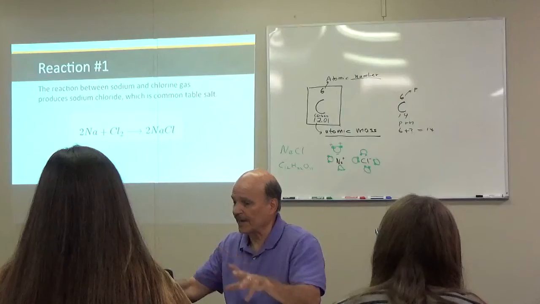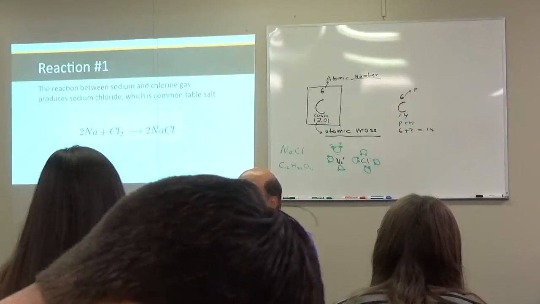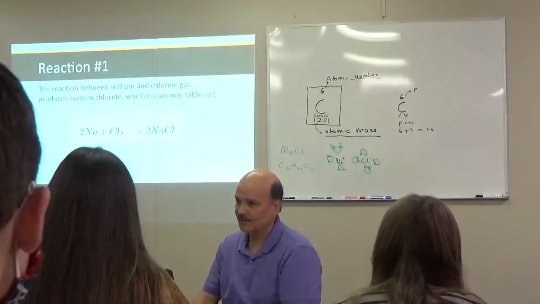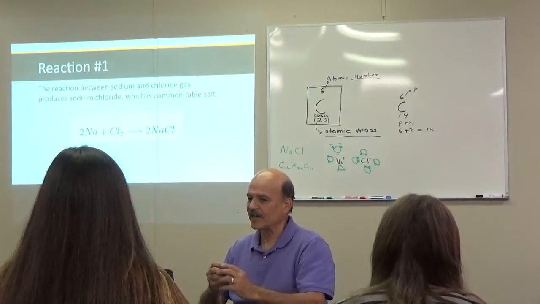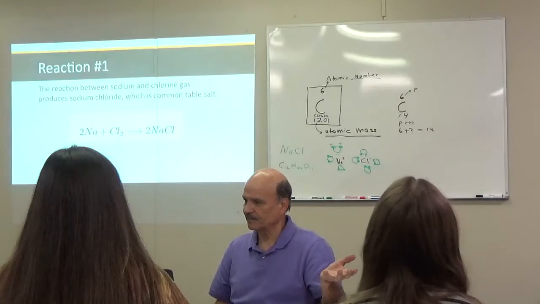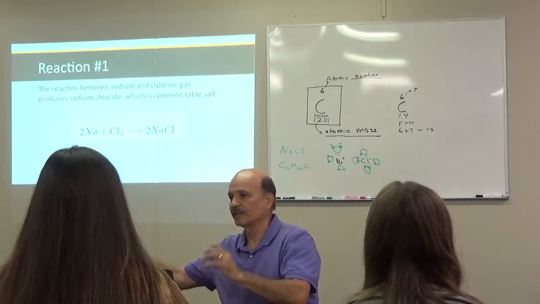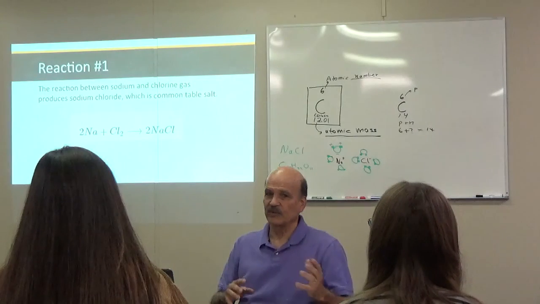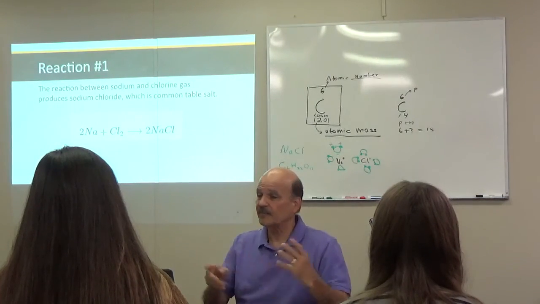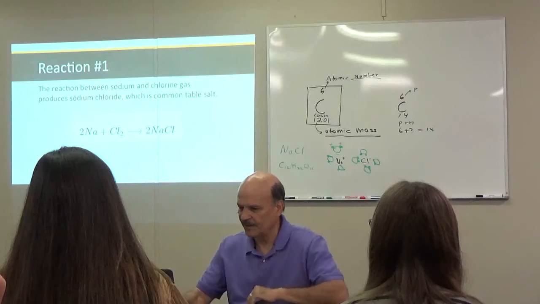Chlorine is a gas, one of the most poisonous gases around. You combine them together and you get table salt, completely different from the sodium and chlorine, so that's a chemical reaction. If something is dissolved in water, it's not a chemical reaction, they're just mixed together.